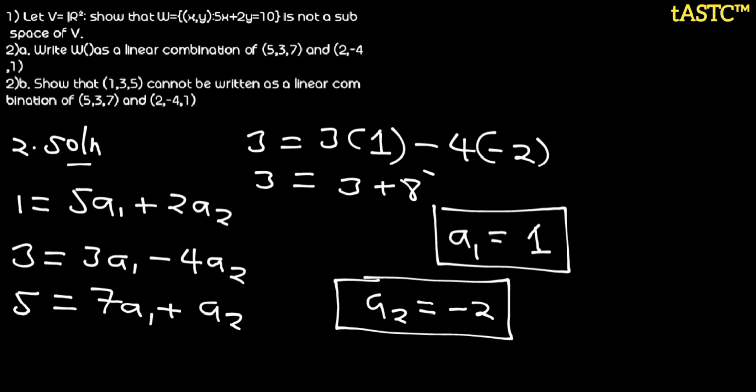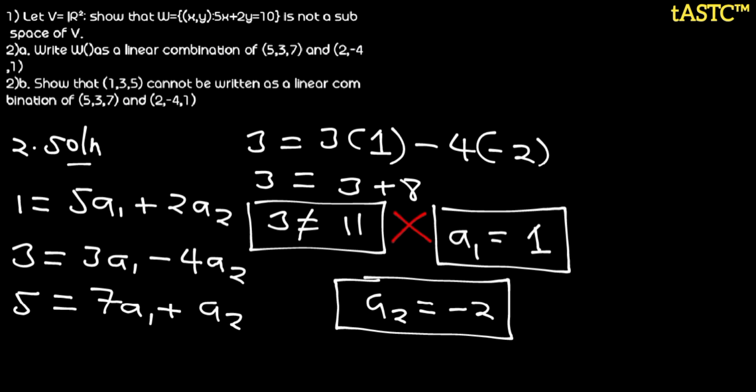Now we know that 3 plus 8 should give us 11. And clearly here we see that 3 is not equal to 11. So this makes this equation fail. So by that we can clearly say, therefore, that this vector is not a linear combination of these two other vectors. So that is basically what you need to do over there.